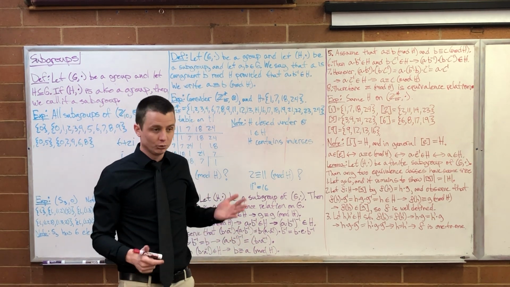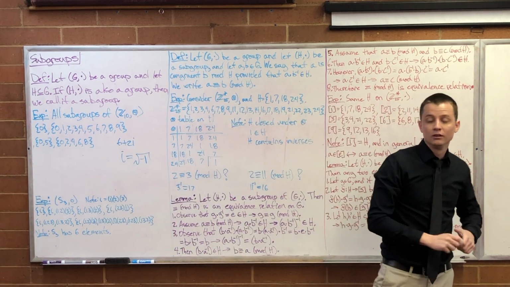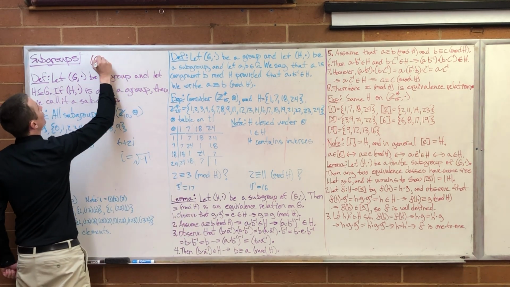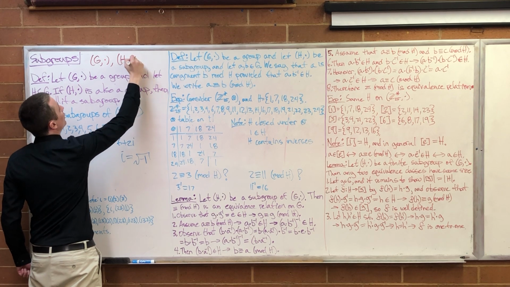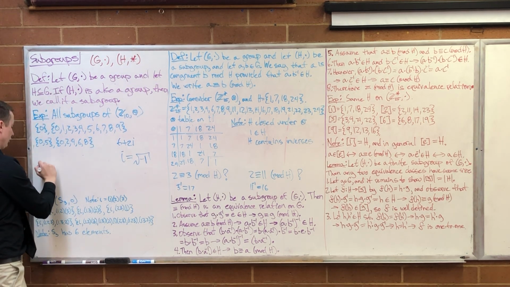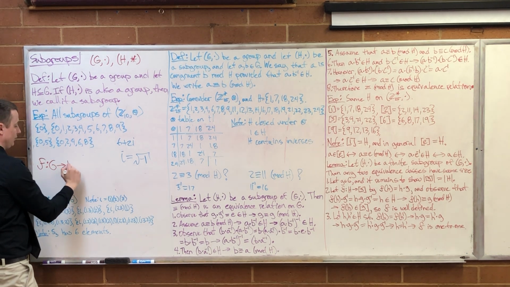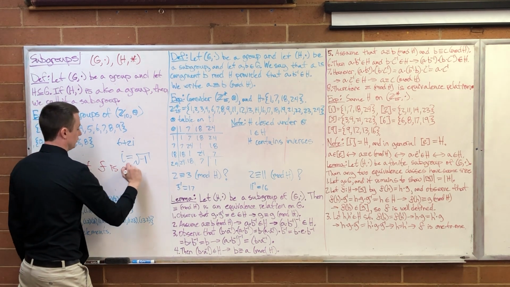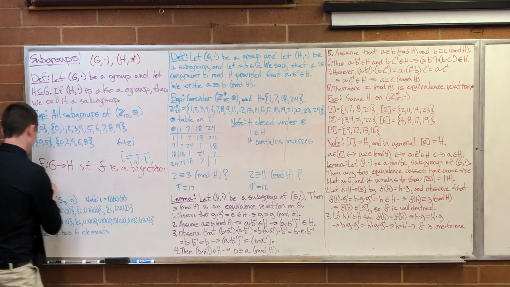Now, what was an isomorphism? So if I have two groups, G and H, it was a way of saying that they're somehow the same. That means it's both one-to-one and onto. So F is a function from G to H such that F is a bijection, and what?